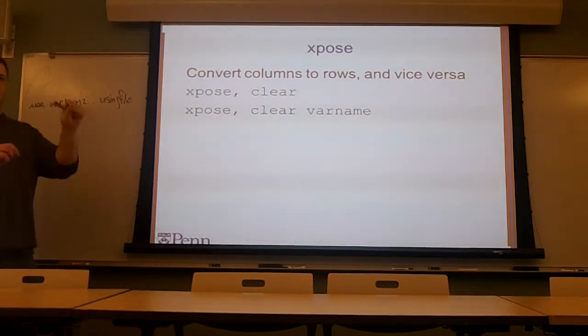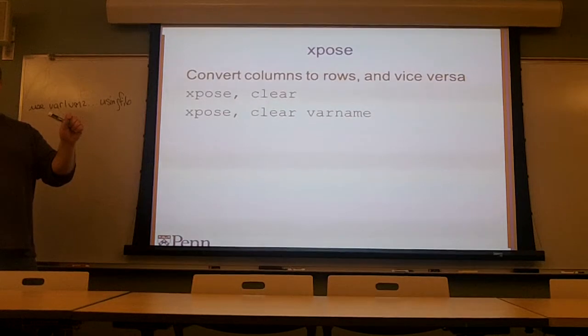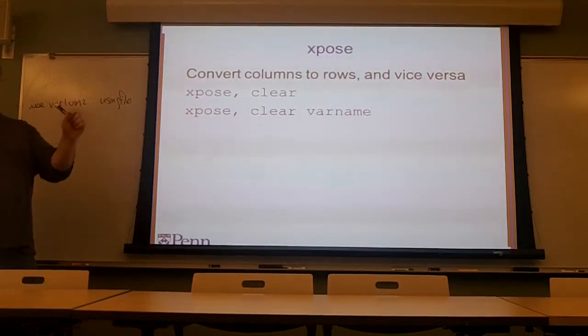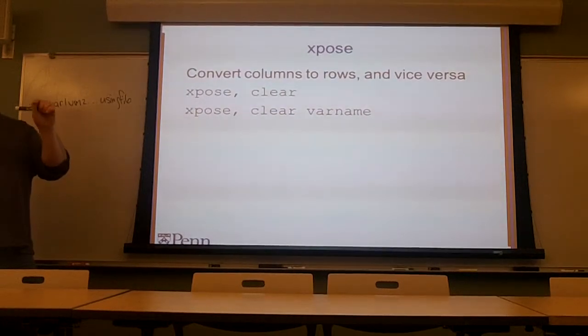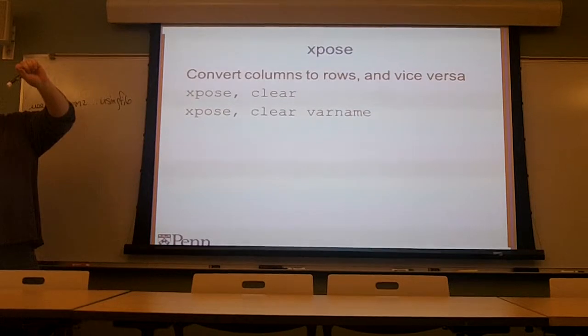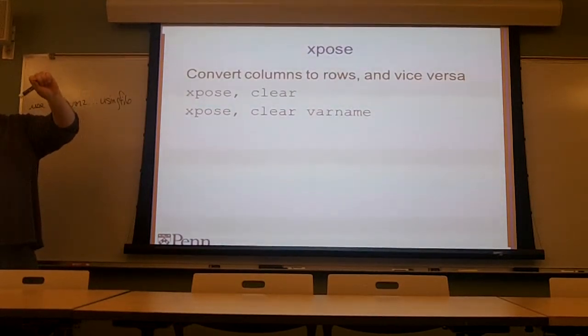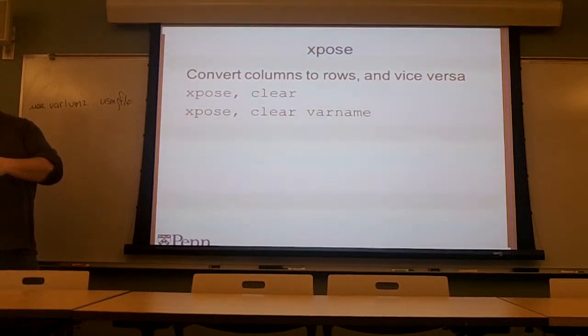So if I reshape from wide to long, using all of that syntax, I can very easily go back from long to wide. If I go from wide to long, the data are now long, and if I want to put it back in its wide format, I only have to do reshape wide. I don't have to have all that other stuff.